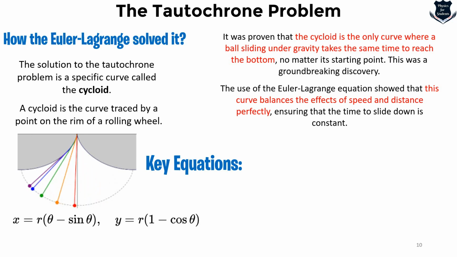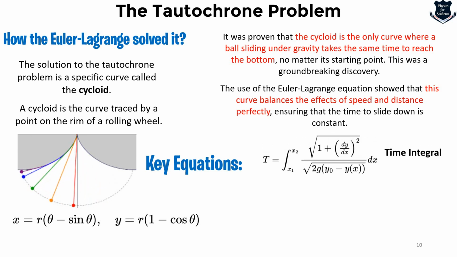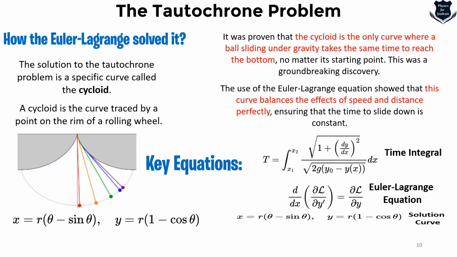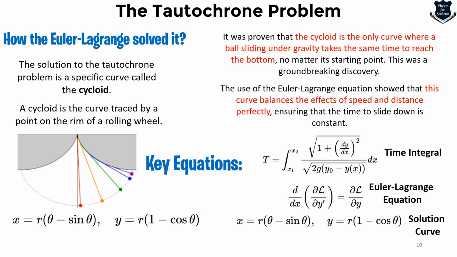So what are the key equations involved? First is the time integral. The second one is the Euler-Lagrange equation, and third is the solution to the curve. The problem demonstrated the power of calculus of variations and led to a deeper understanding in physics, particularly in motion, energy, and system optimization.